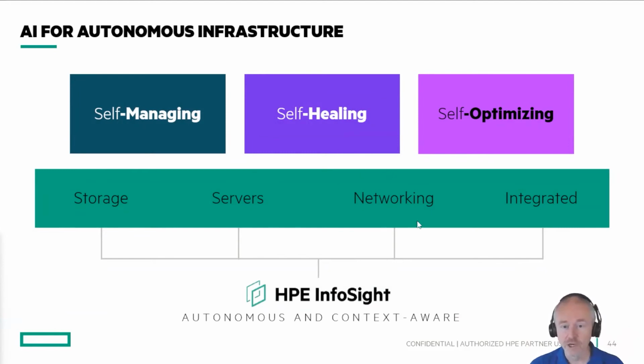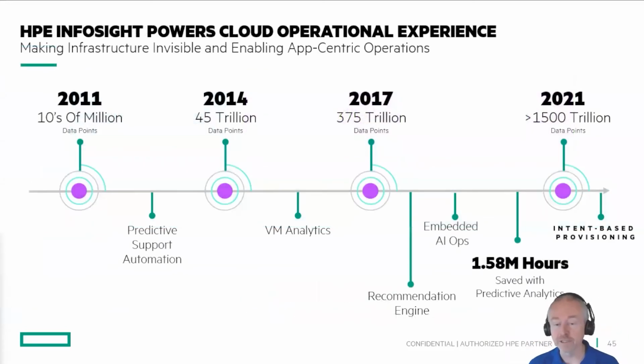And by the way, it all started with storage, with the Nimble acquisition, but today InfoSight is on servers, on networking, and on the integrated systems, the HCI solutions, like SimpliVity as well. You're going to see in a minute. Also here, just like with CloudPhysics, InfoSight is collecting information. The last number that I saw, we were already at more than 1,800 trillion data points that are collected.